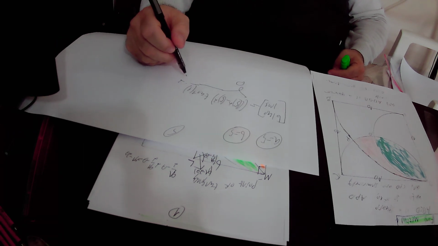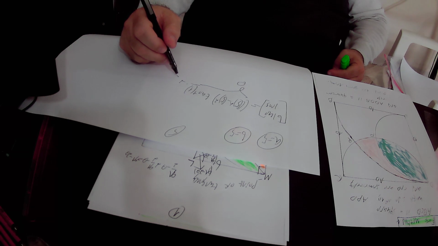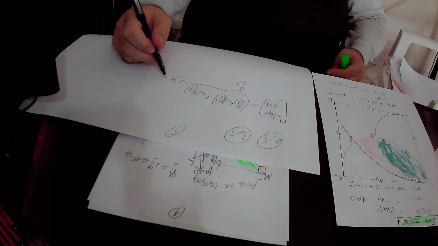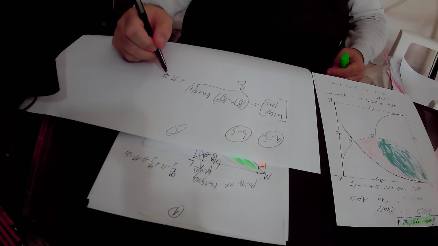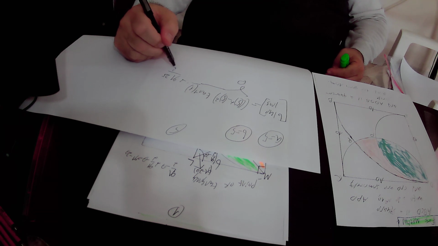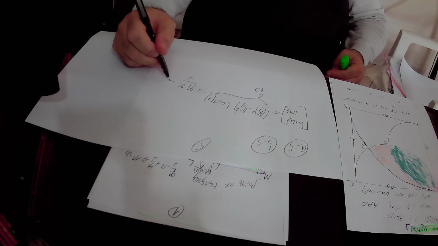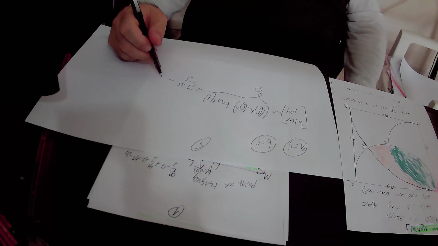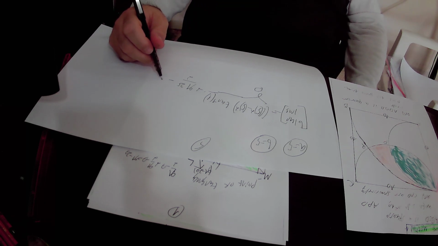Plus pi B squared over 2, where B squared is 25, so it is 25 over 2 pi, minus AB. A is 5, B is 5, so AB is 5 times 5, that is 25.